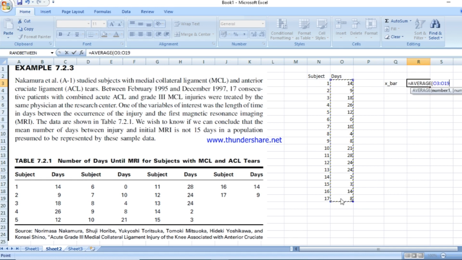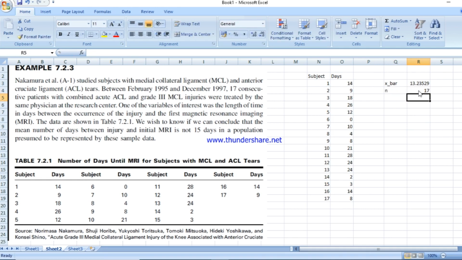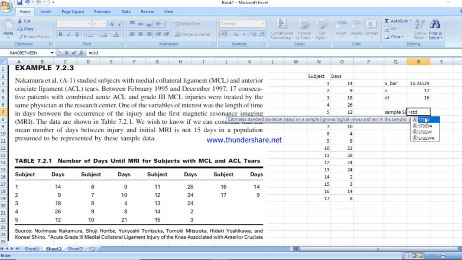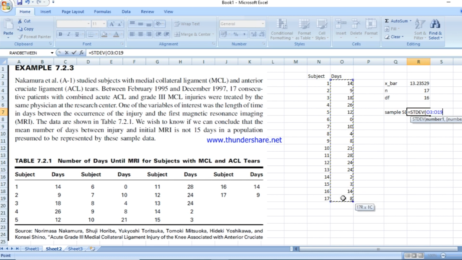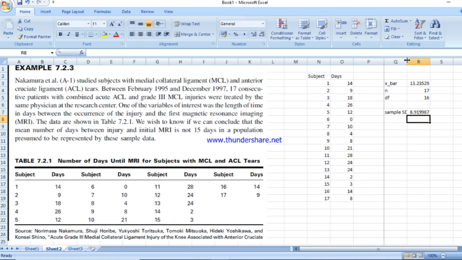Then we are given the sample to be 17 in number, that is, sample size is 17. And since we are making use of the t distribution, we'll go for degrees of freedom, and degrees of freedom is 1 less than the number of observations. Then we'll find the sample standard deviation, which is nothing but STDEV. So this is the sample standard deviation.